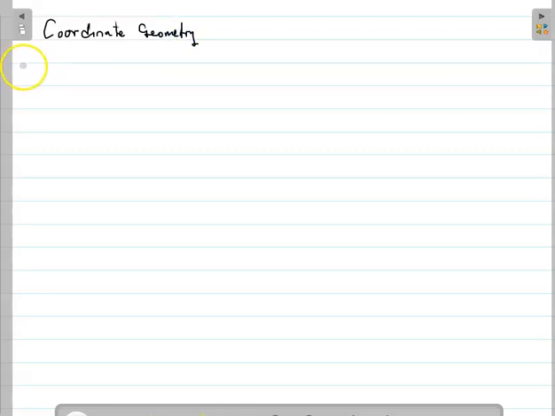Alright, so expect to learn about one, the Cartesian plane. Just a quick rundown of what it is all about, and then from there expect to learn about coordinates. What are coordinates?